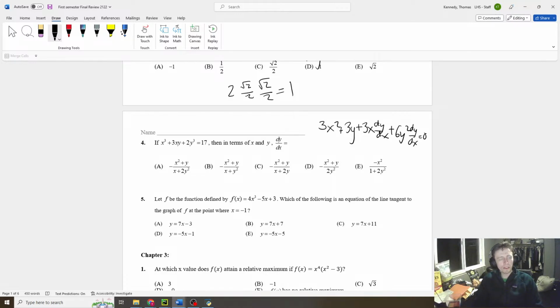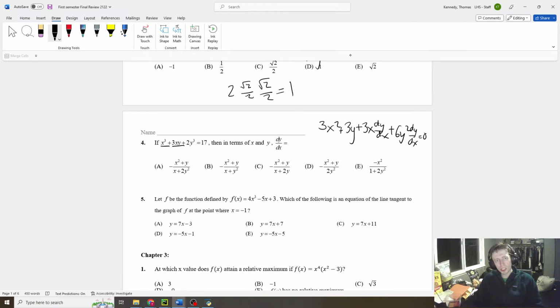So if you take the derivative, you take the derivative of x cubed, that's 3x squared. You take the derivative of 3xy with the product rule. So 3 times, the derivative of 3x is 3 times y. And then 3x times the derivative of y, which is dy/dx. And then when you take the derivative of 2y cubed, you take the 3 down, you get 6y squared dy/dx. That equals 0.